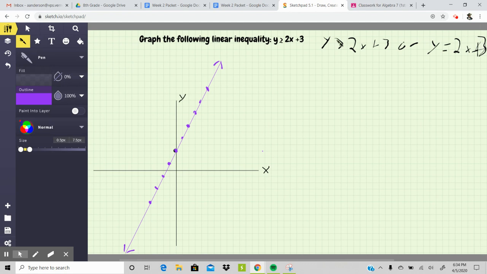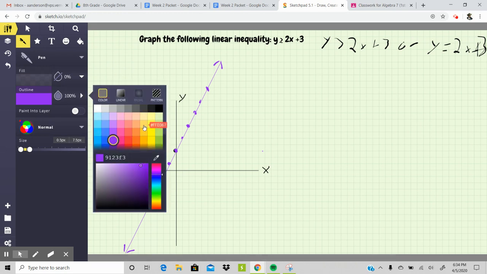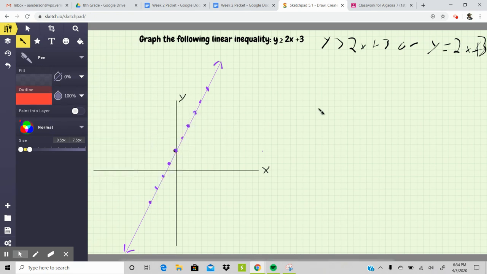Now the next part is saying we need to graph where y is greater than 2x plus 3. Again, sorry for the poor handwriting. So I have to think, where is y greater than 2x plus 3? Well, we can show this maybe by plugging in a few points.